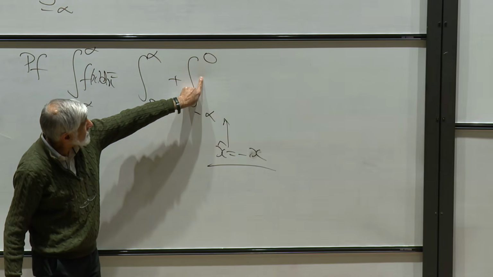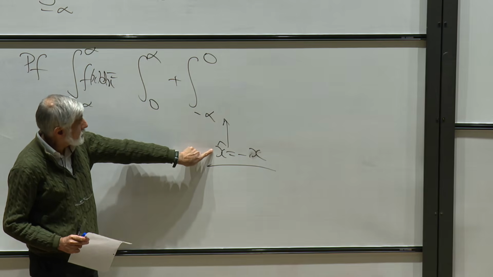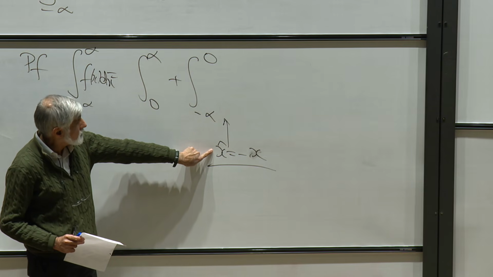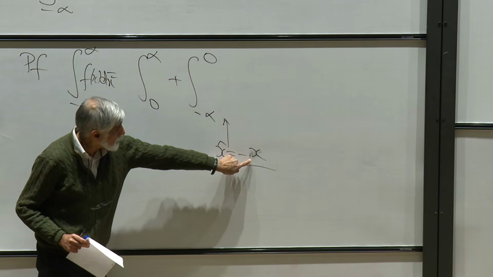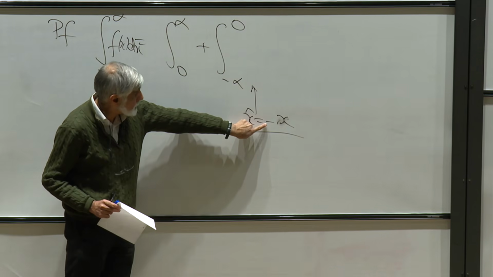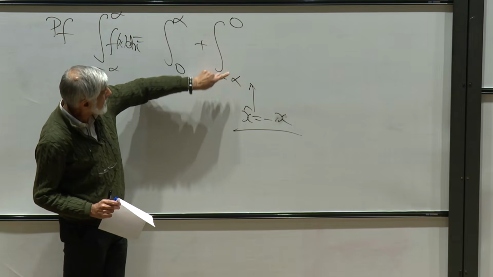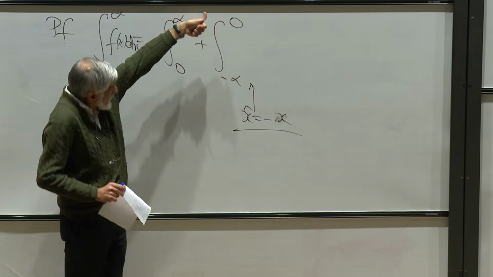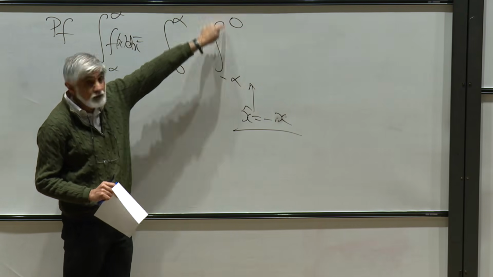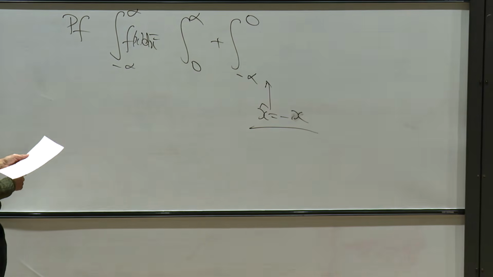We're going to have f of minus x hat, which equals minus f of x hat. The d by dx is going to give you another minus, so that's going to give you a plus. So we're going to have from alpha to 0. Switch it around, it becomes minus from 0 to alpha. Okay? Leave you to do that.